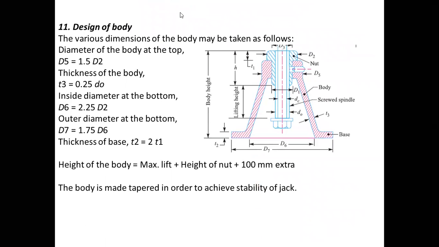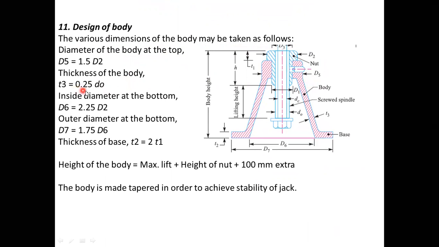Step 11 is the design of the body. The various dimensions of the body may be taken as follows. Diameter of the body at the top, D5, is given by 1.5 into D2. T3 is the thickness of the body.